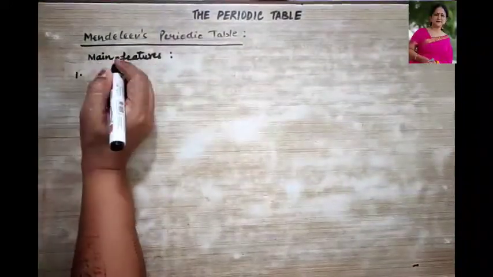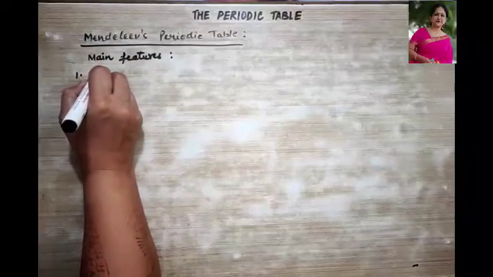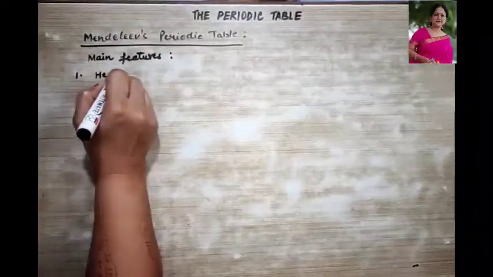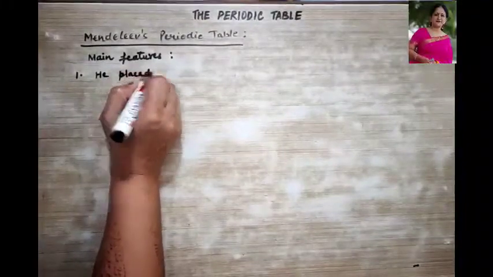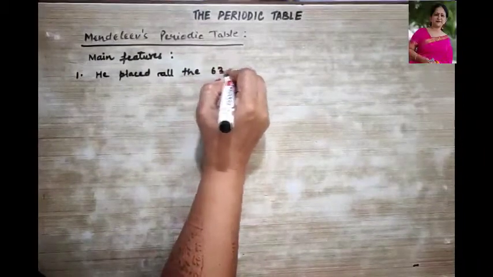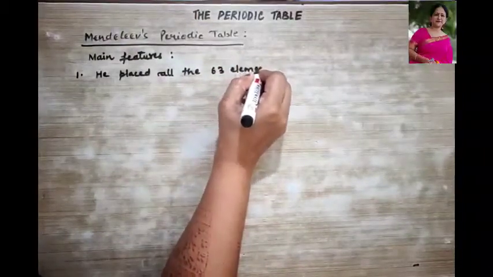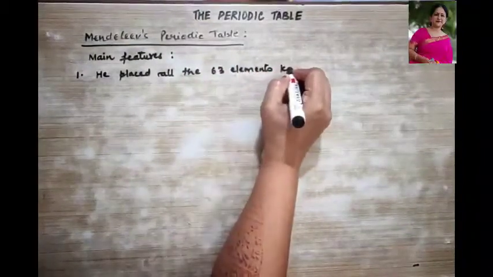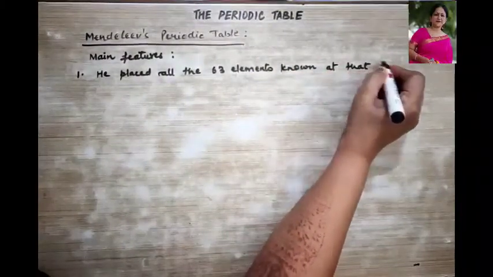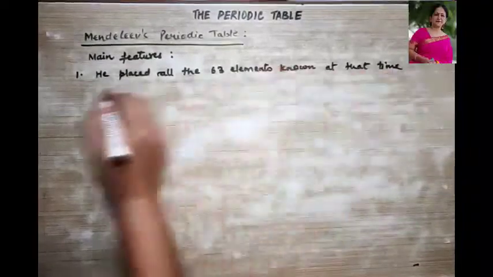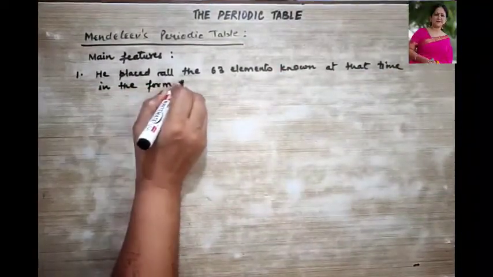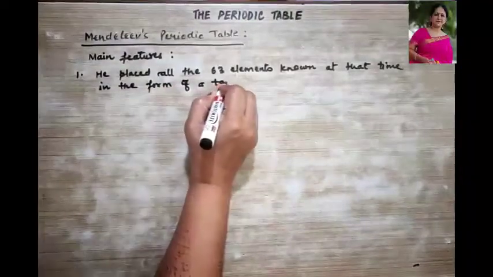So the first point about it: he placed all the 63 elements known at that time in the form of a table.